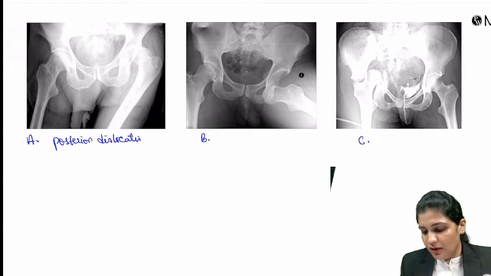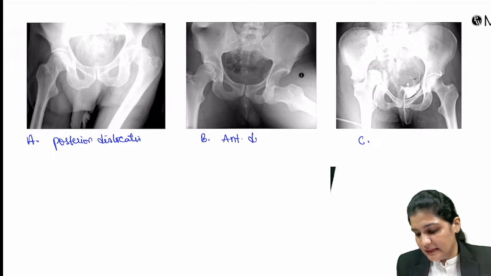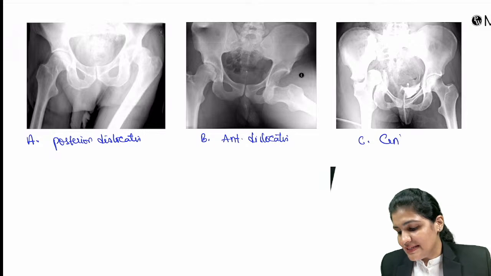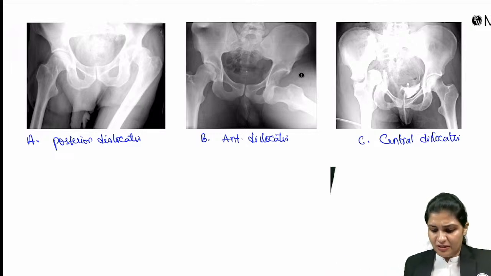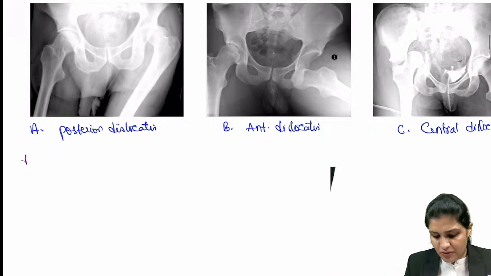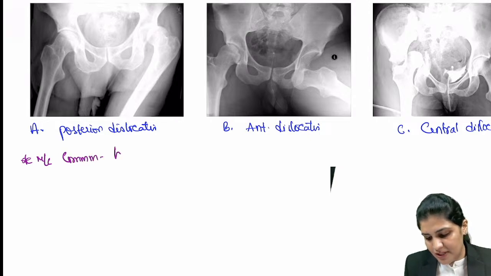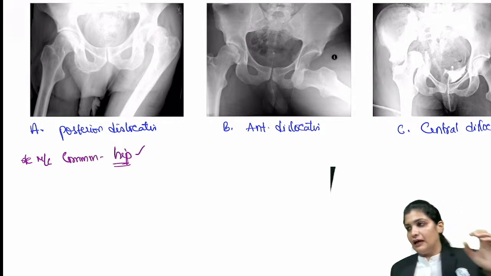And B is your anterior dislocation, and C is your central dislocation. So let's quickly revise what are those important points in posterior dislocations. The posterior dislocation is the most common type of hip dislocation.